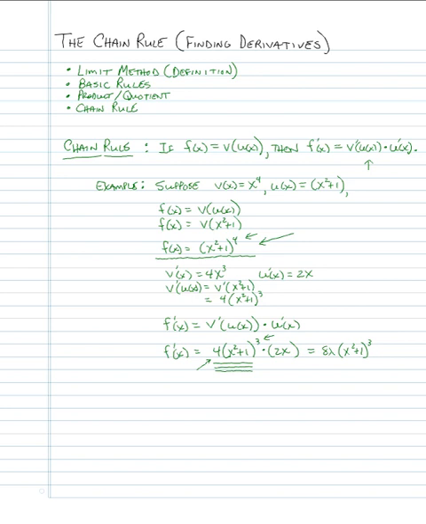Now, the part that we have out here, notice that this part is the derivative of the inside of the original function. The inside of this original function, inside those parentheses, is x squared plus 1. And what we have here is the derivative of that x squared plus 1.